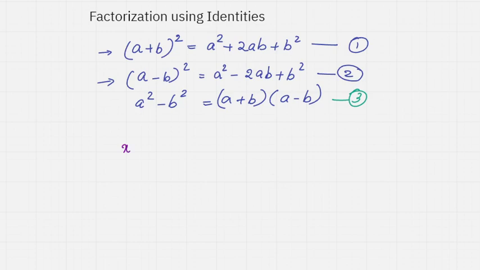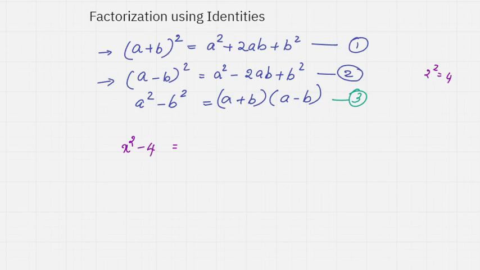For example, x square minus 4. Here x square is a perfect square and 4 is also a perfect square, because 2 square is equal to 4, right? And these two terms are connected with a negative symbol. If that is the case, then you will go with the third identity, a square minus b square. How will you write the factors?